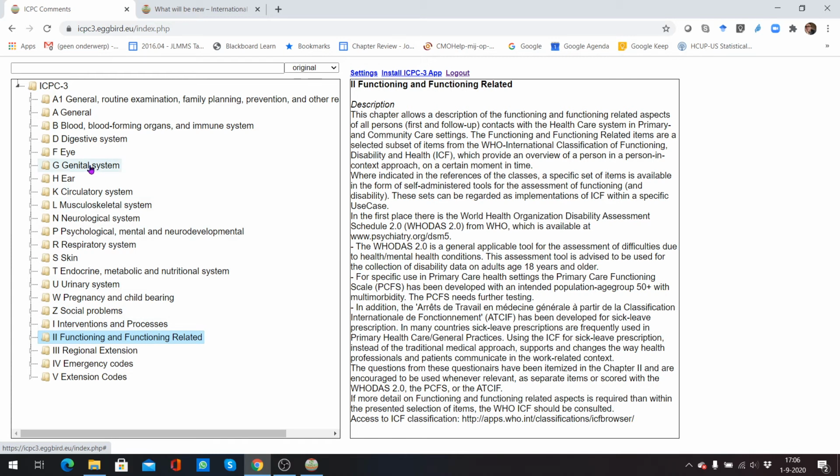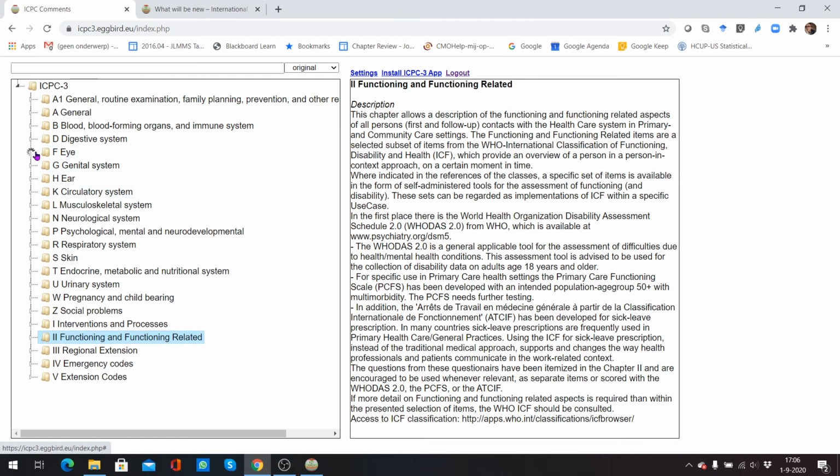In the 14 chapters, B to W, the complaints and the diagnoses are organized according to the body system. This has been done in a uniform way, which makes it easy to find the right class. So the chapters contain 2 components each.